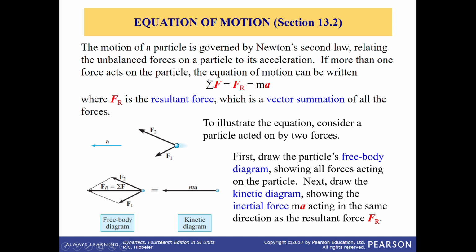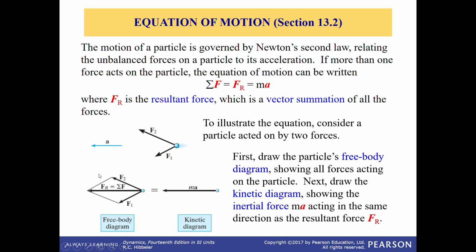This one is a free body diagram because it is just a summation of force, showing all of the forces acting on the particle. Then next, draw the kinetic diagram. What is a kinetic diagram? You need to refer back to this denotation m a, which shows the inertial force ma acting in the same direction as the resultant force Fr.